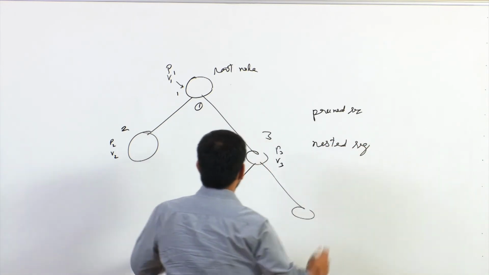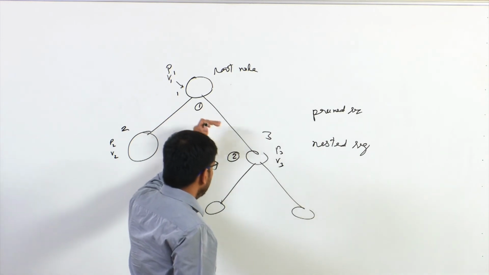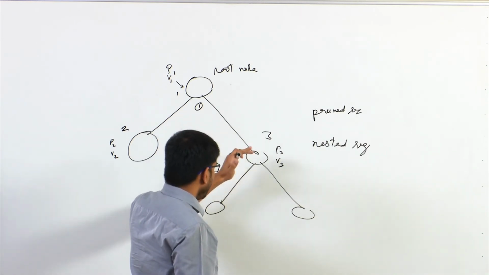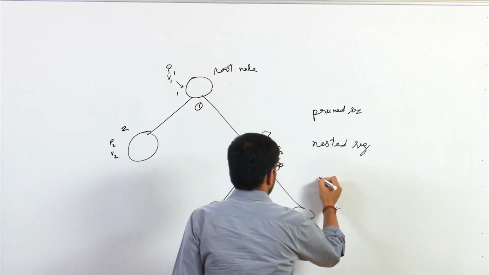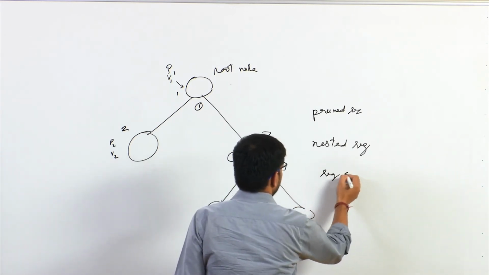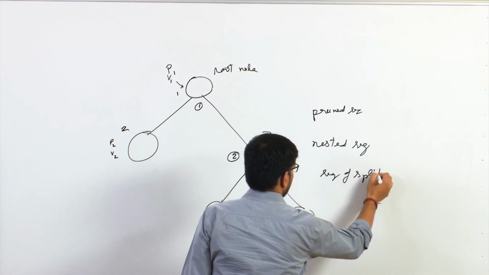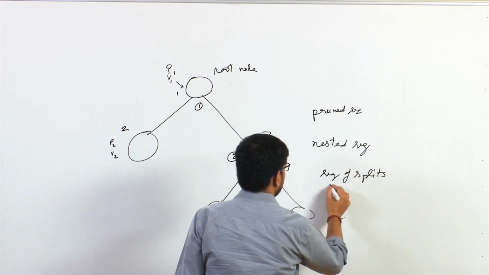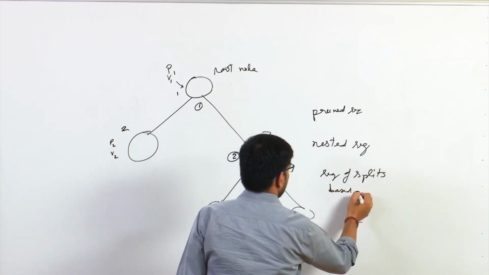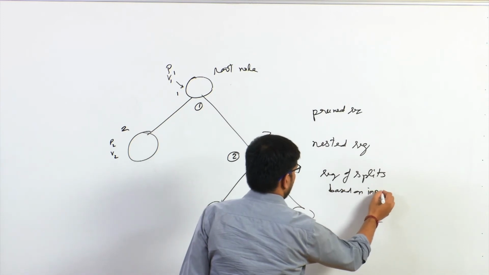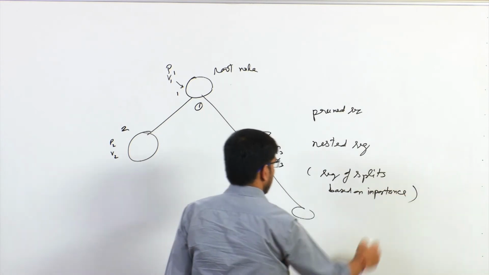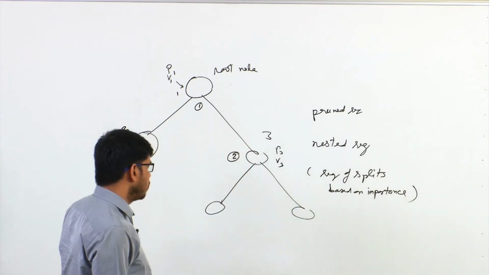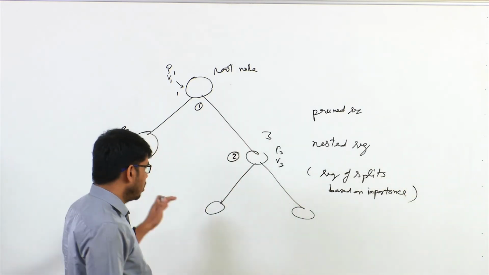So the most important split, then the second most important split, and in that sequence. So the sequence of splits based on importance, right? Importance means impurity reduction. So that is the sequence that we should actually be using to remove the branches.